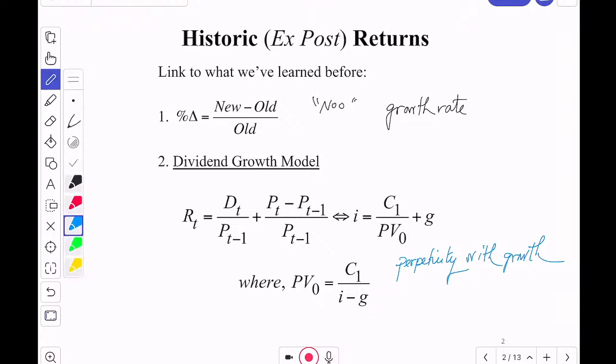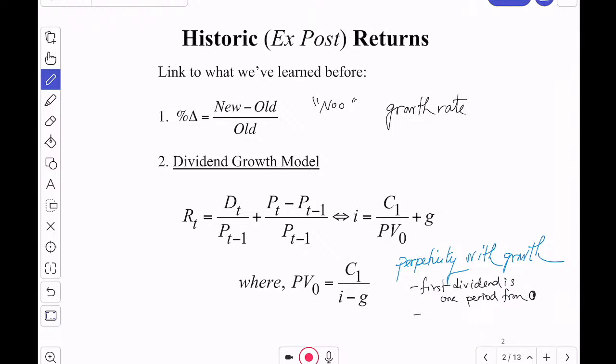So there are assumptions. Remember, we had assumptions here that the first dividend is in one period from today. I'll just say from 0.